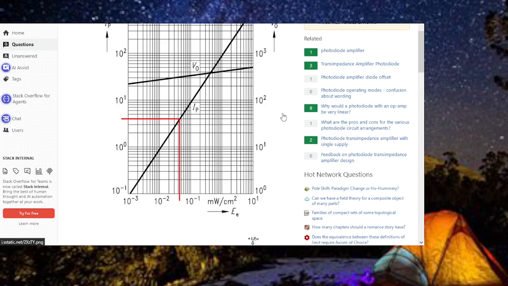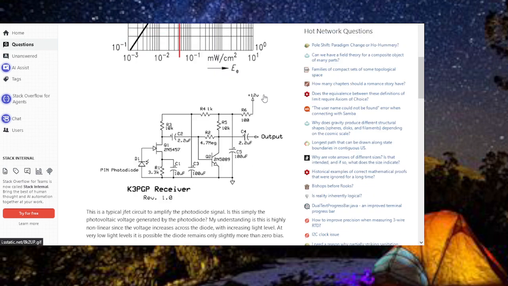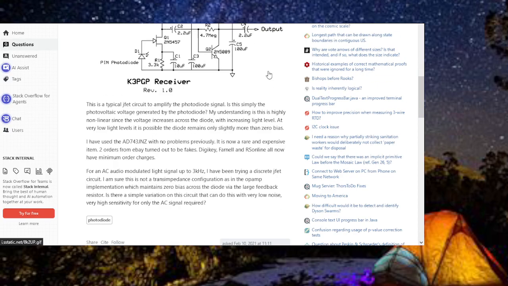Milliwatts per square centimeter, like 10 to the minus. He's trying to power this up a little bit, is what he's trying to do, I think.